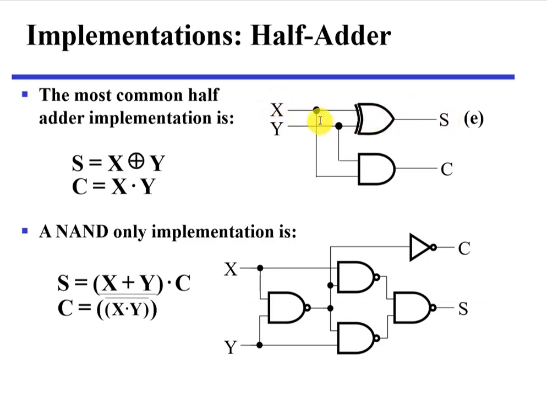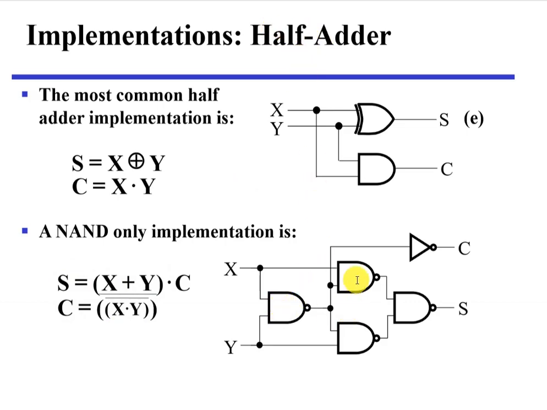We have S, and the carry is defined through the AND function. We can verify this by simply looking at the truth table. We can also use NAND gates, a NAND-only implementation, by using the following Boolean representation of our sum and carry for the half adder.